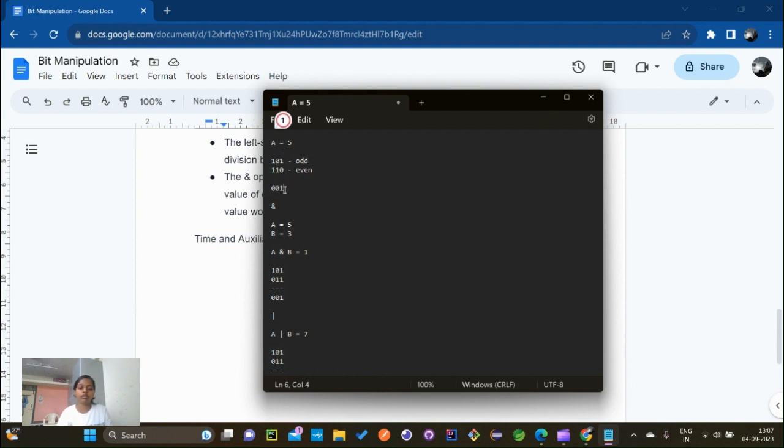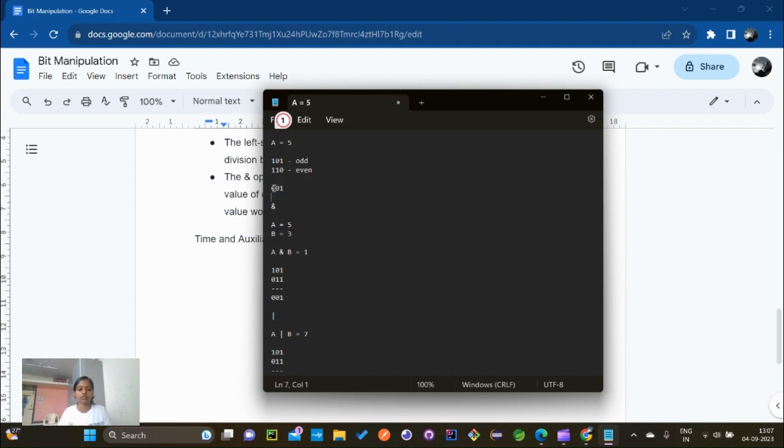So if I'm considering the number 1, we are checking the last digit. If the last digit is 1, then the answer will be 1, so 1 and 1 will be 1. If the last digit is 0, we will get total 0, as here we have all zeros.